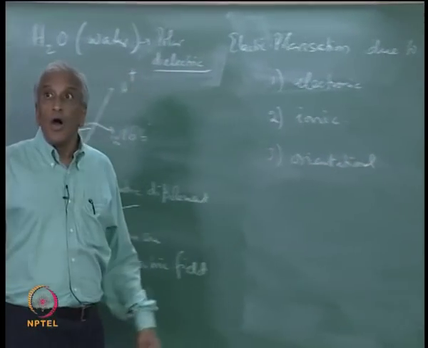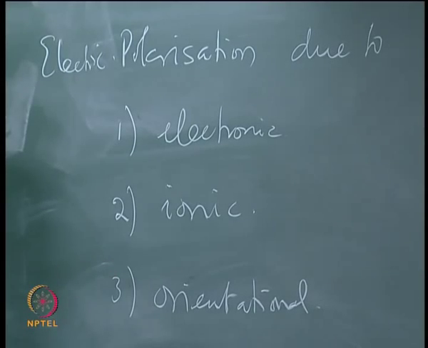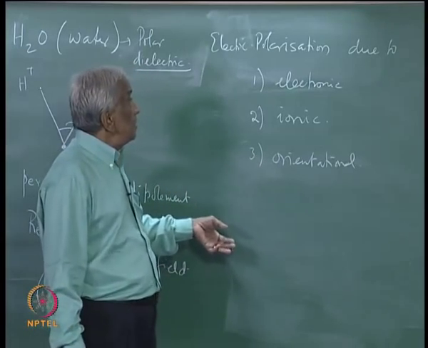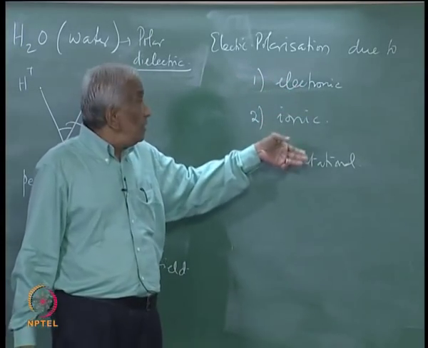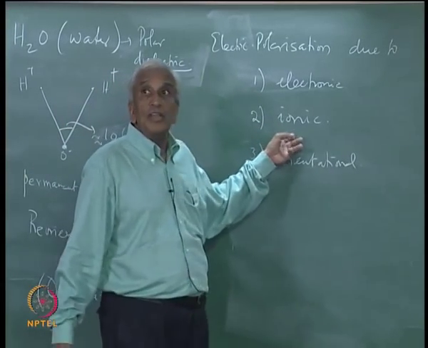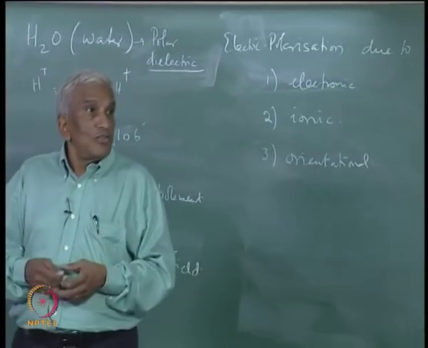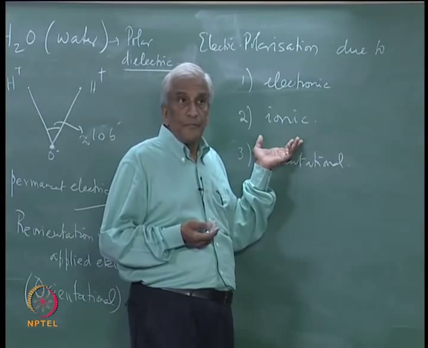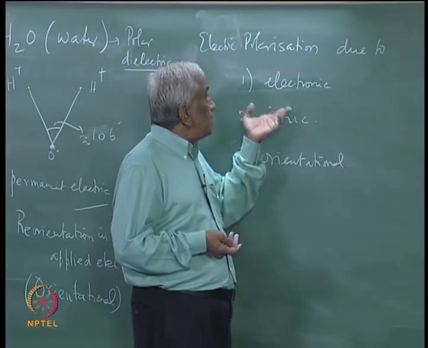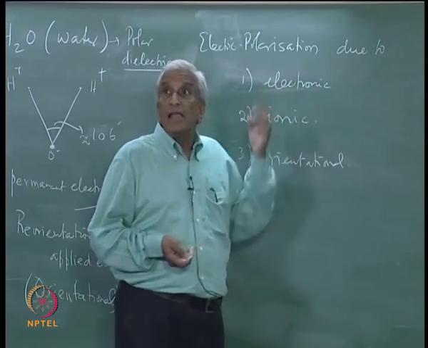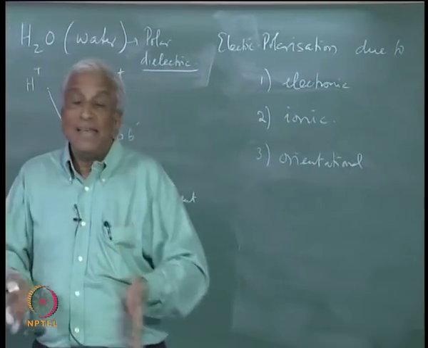In general, all 3 will be present, for example, in the case of the water molecule. But when there are no permanent dipole moments, the electric field induces only electronic and ionic contributions. The ionic contribution is there only when there are ions which get displaced and therefore give you a polarization. Otherwise, when there are no ions, in a structure like that of diamond, the polarization mechanism is completely electronic.